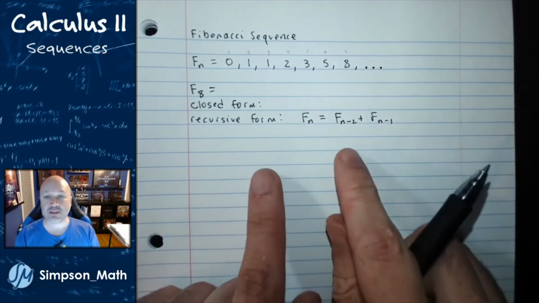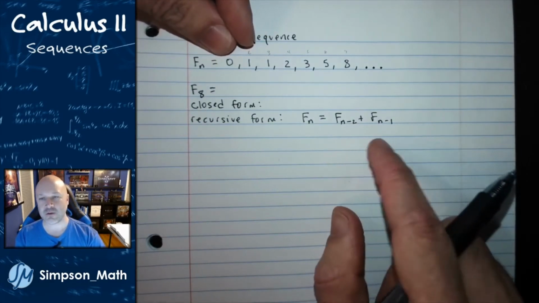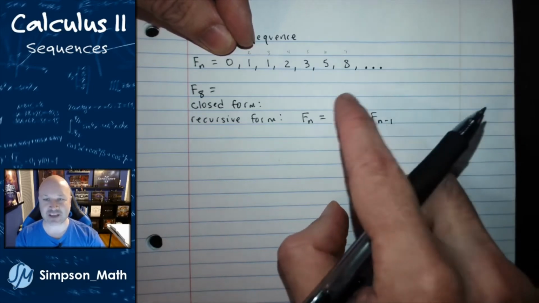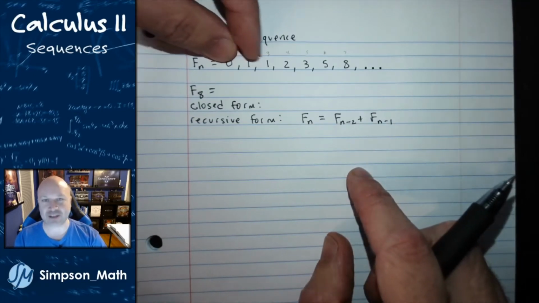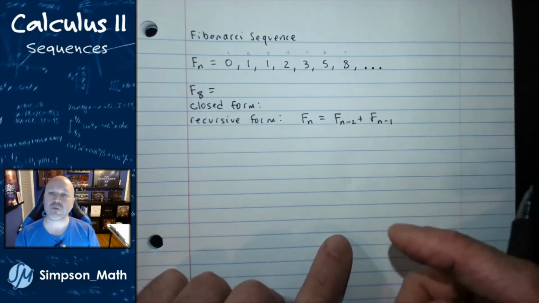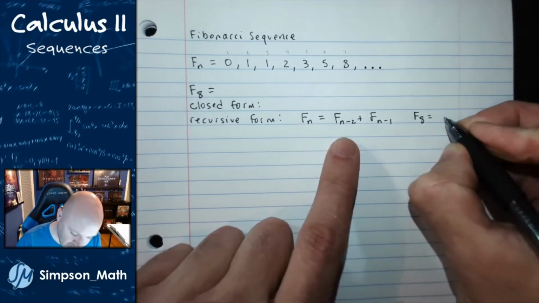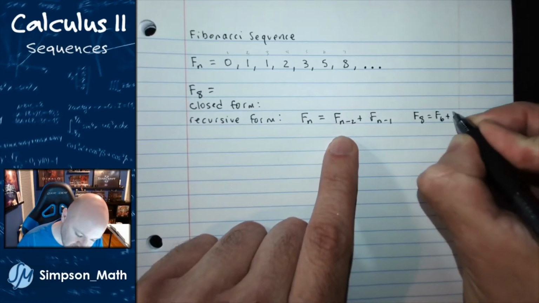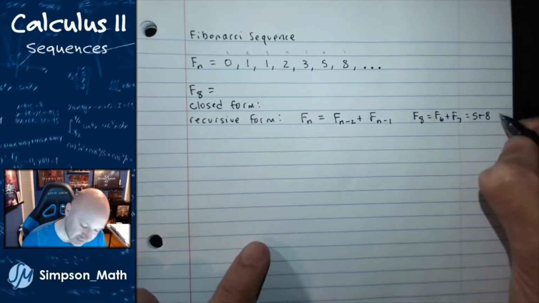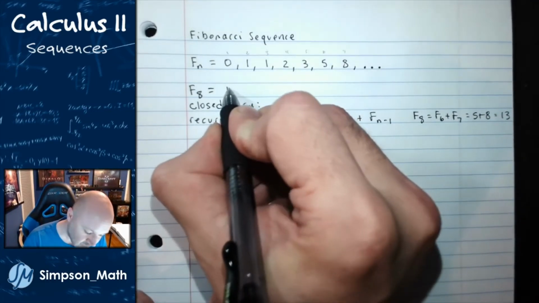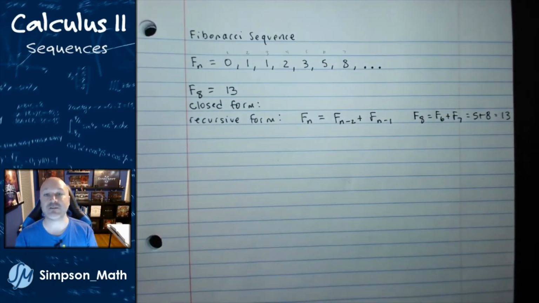For this sequence to even begin, I do have to start with 0 and 1. For the recursive definition, you have to have at least those two terms to start off with. If you have 0 and 1, and then you start to add, you get this sequence. So then what is the next term in the sequence? Well, F sub 8 would be F sub 6 plus F sub 7, which is 5 plus 8. That's going to give us 13. The 8th term in this Fibonacci sequence is 13.